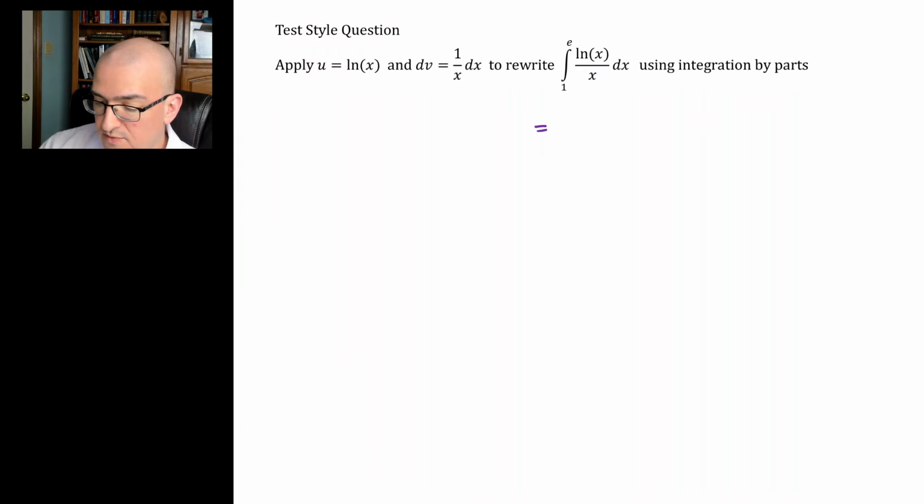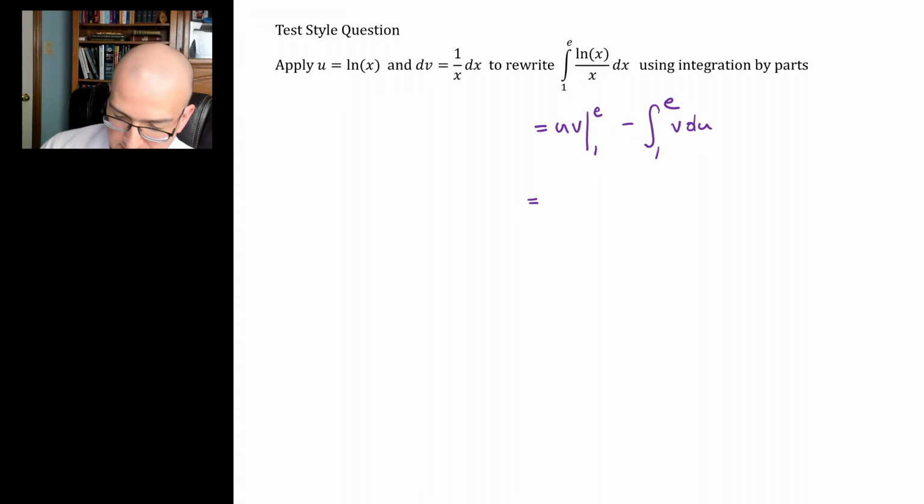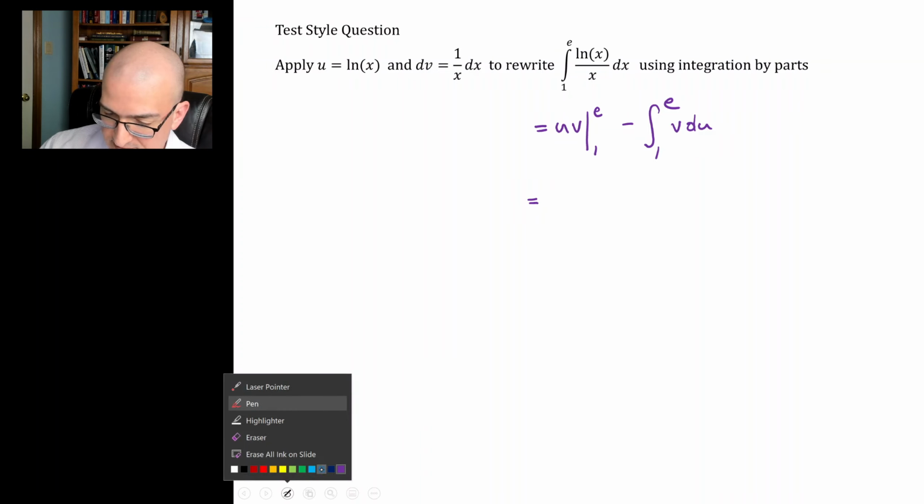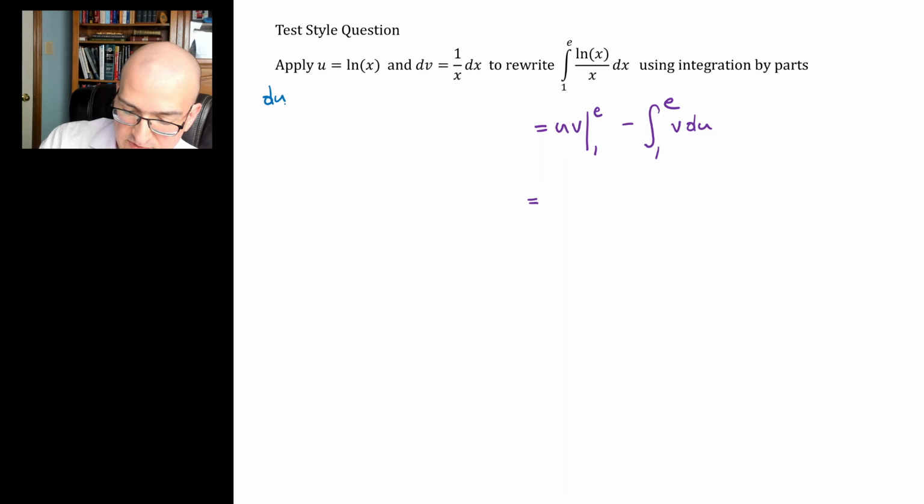So this integral of what we're calling u dv, we're going to write it as u times v, evaluated from 1 to e, minus the integral of v du, also evaluated from 1 to e. We need to find the pieces to plug in. I'll take the derivative of u, du by dx is 1 over x.